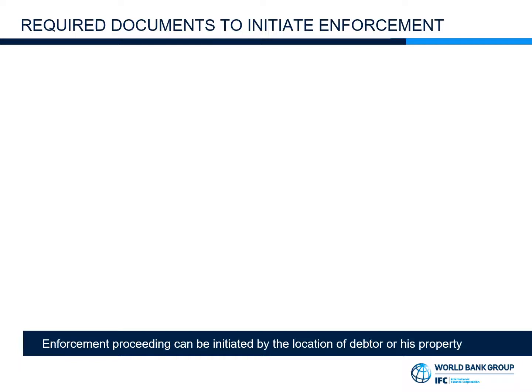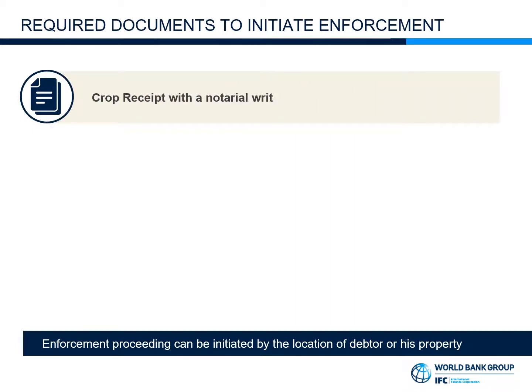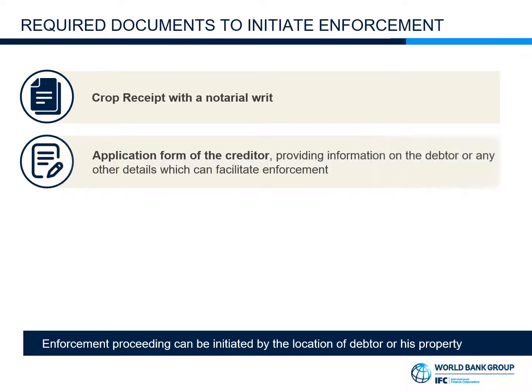To initiate enforcement proceeding, the creditor provides the following documents to the bailiff: crop receipt with the notarial writ, application form of the creditor, where the creditor provides all the available information on the debtor, collateral, or any other details which can facilitate enforcement.